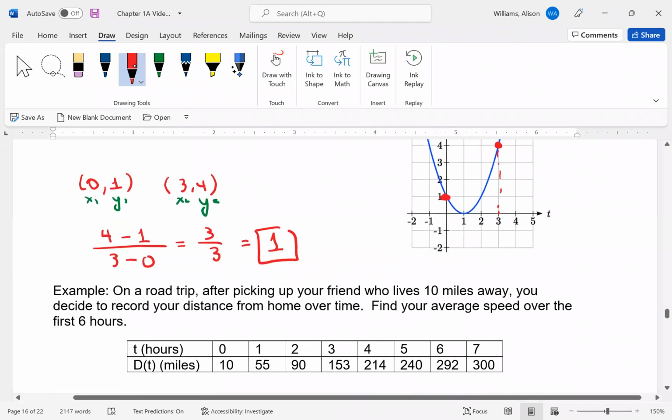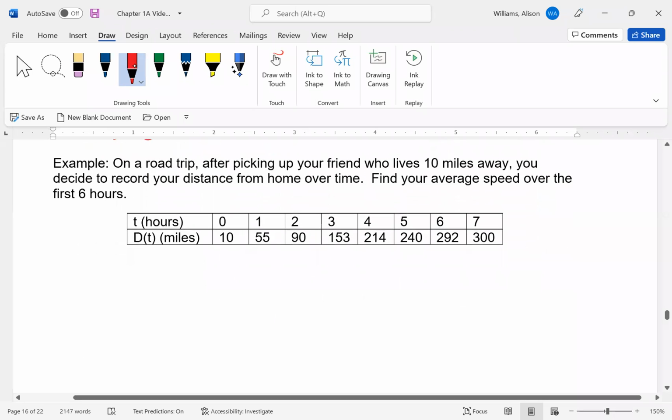All right, let's try another one. On a road trip, after picking up your friend who lives 10 miles away, you decide to record your distance from home over time. So this is the recording of how far you have traveled over hours. They're asking us to find the average speed over the first 6 hours.